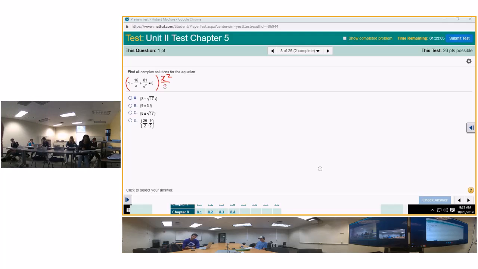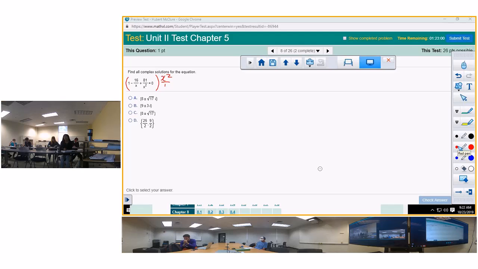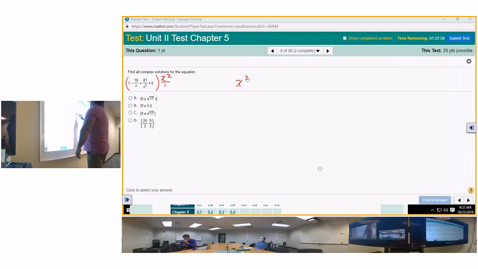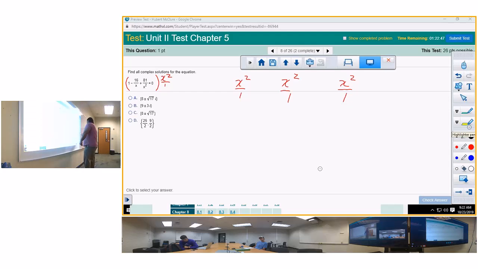So when I multiply, I'm going to put a baby step in here for you. X squared over 1, x squared over 1, x squared over 1. And I do the baby step for those non-water walkers that wrote the book.